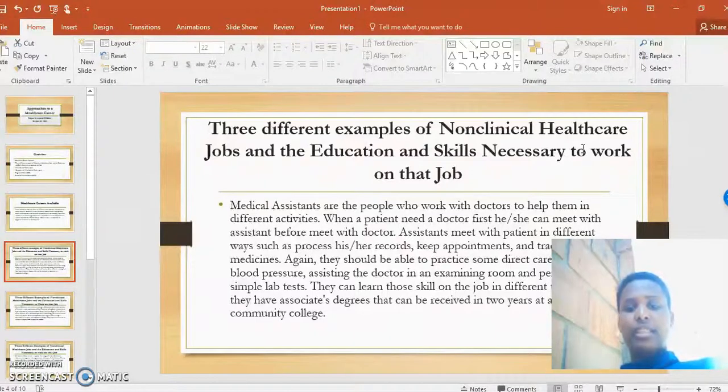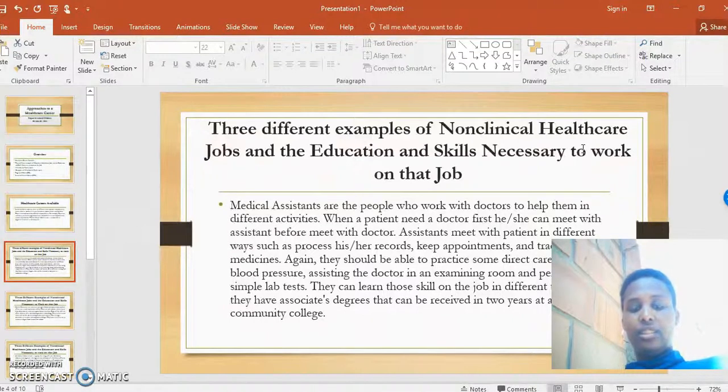Second, assistants need different skills, like taking blood pressure, assisting doctors in the examining room, and performing simple lab tests. Those are the skills medical assistants should have in order to perform well at the workplace.